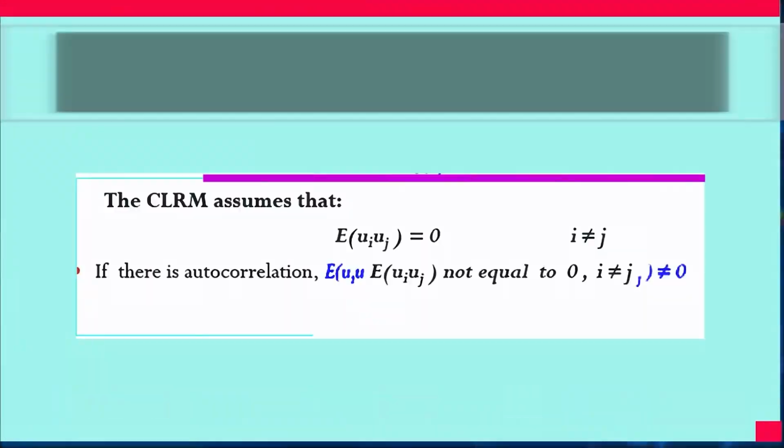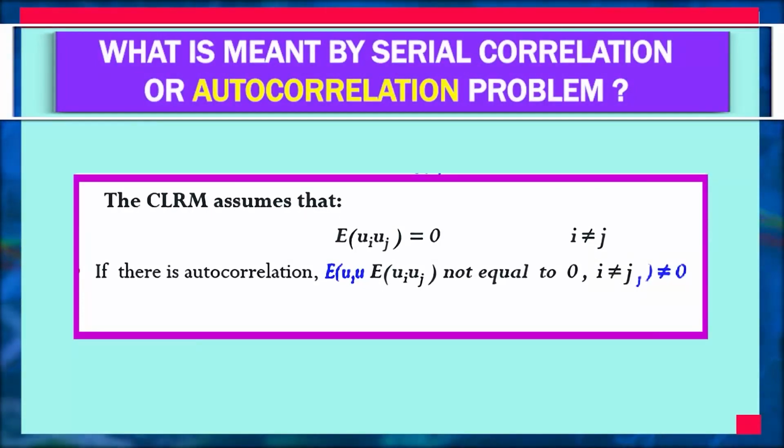But in the presence of autocorrelation, we observe that these u_i and u_j are dependent, because random effects, disturbances, policy effects, and many kinds of unwanted incidents or observations are all affecting the disturbance term. So this gives rise to the problem of autocorrelation.